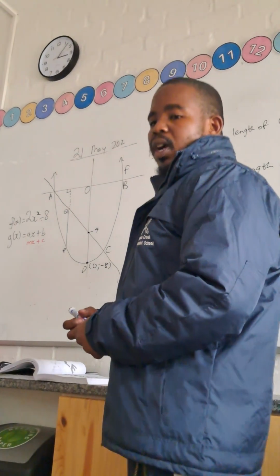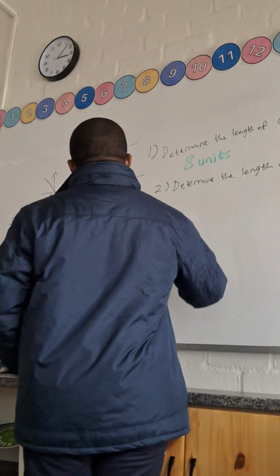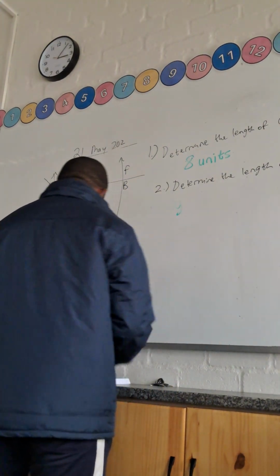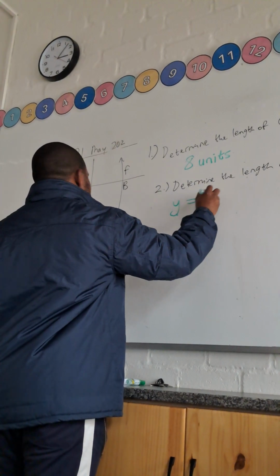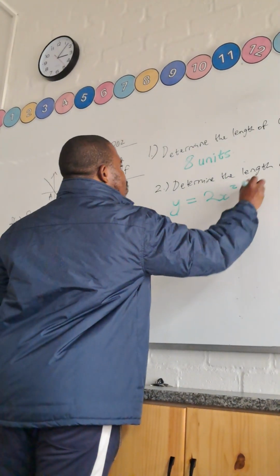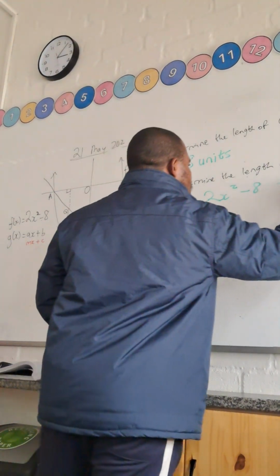So we're going to work out the x-intercepts. To work out the x-intercept, you're going to take the formula y is equal to 2x squared minus 8. For the x-intercept, you always let y equal 0.